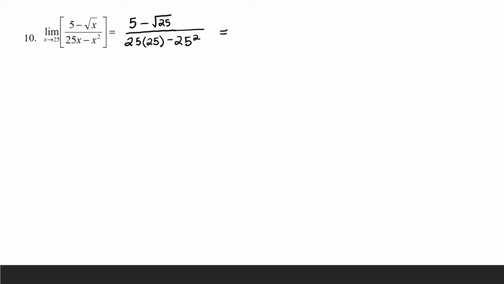So that's equal to 5 minus the square root of 25, which is 5 minus 5, so 0 over, well, 25 times 25 is something, but that something is the same as 25 squared, so that will also be 0. So direct substitution didn't help us here. We ended up with an indeterminate form, which means we must do more work.